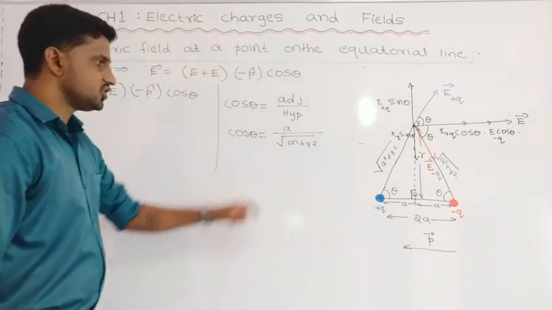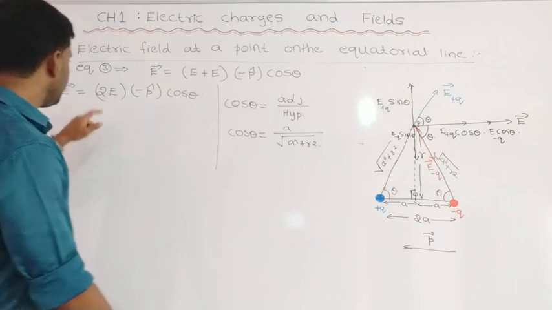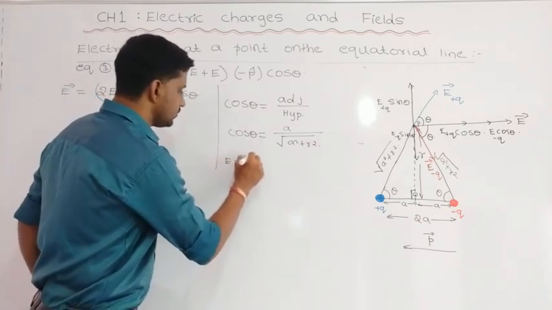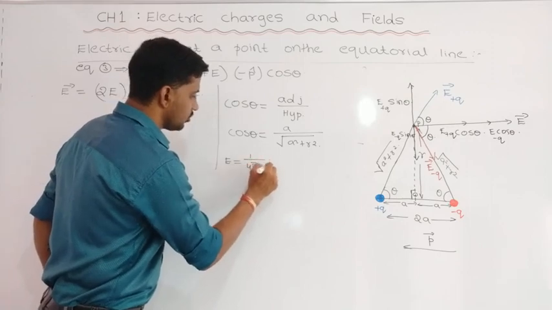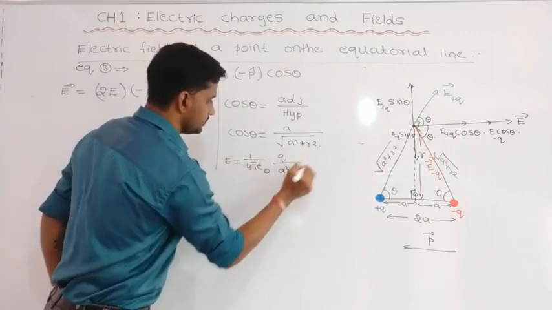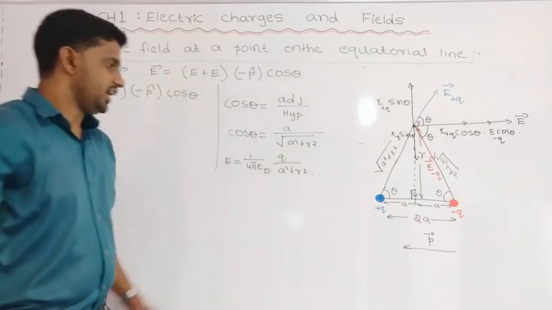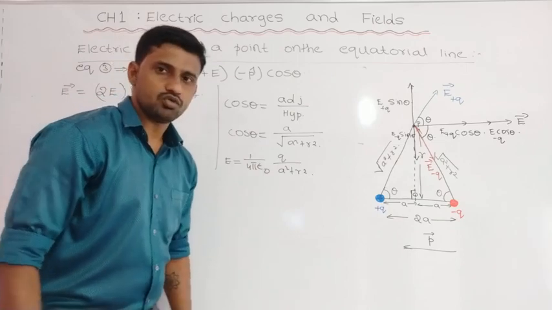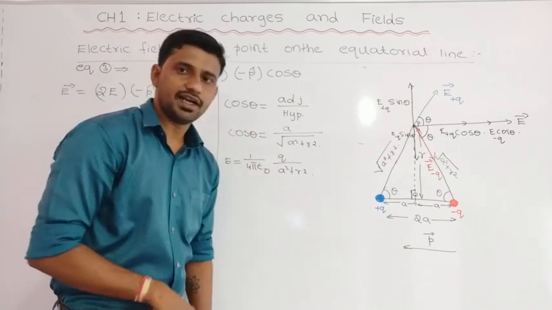Right. If we substitute this here, we already know that E is nothing but 1 by 4 pi epsilon naught Q divided by A square plus R square. We got the expression for E from equation 1 and equation 2.